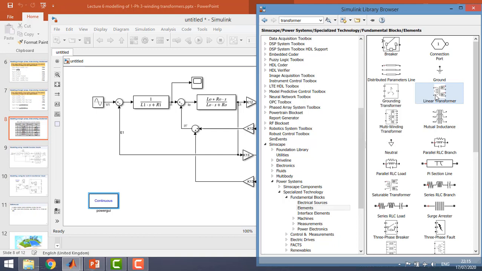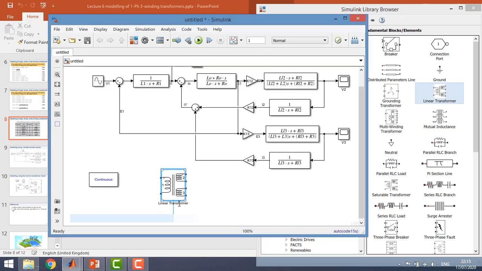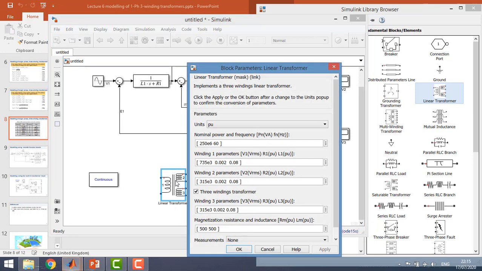We also need the linear transformer. It's the same block we used in the previous video to model a two-winding single-phase transformer. This block has the capability of modeling two-winding transformers or three-winding transformers.